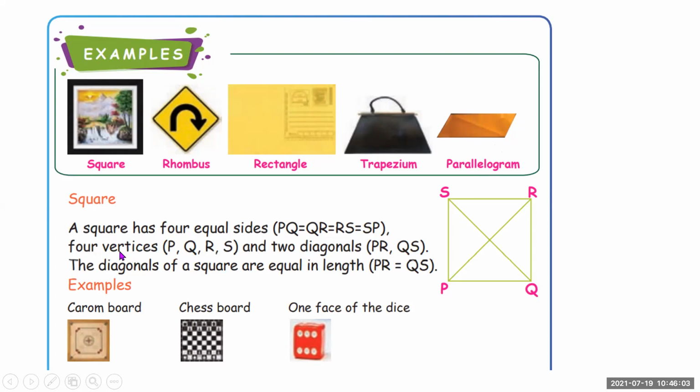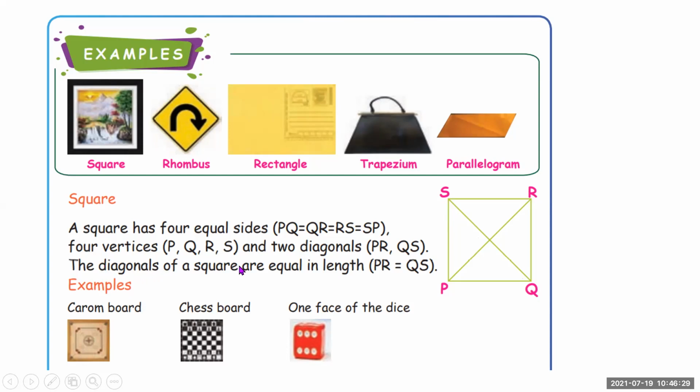Square. How many sides are there in the square? PQ, QR, RS, SP. The four sides, and all the four sides are equal. The lines PR and SQ are known as diagonals.